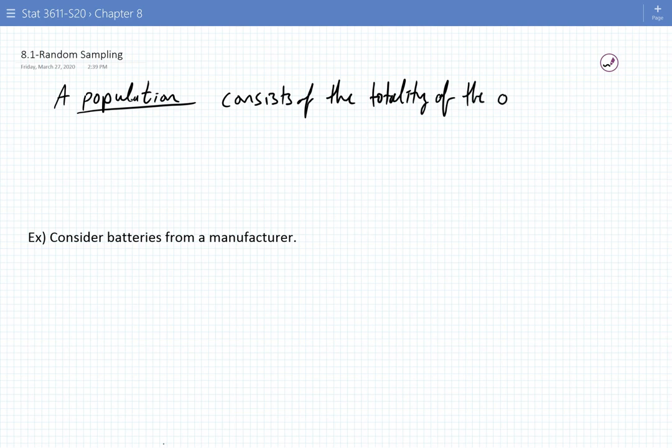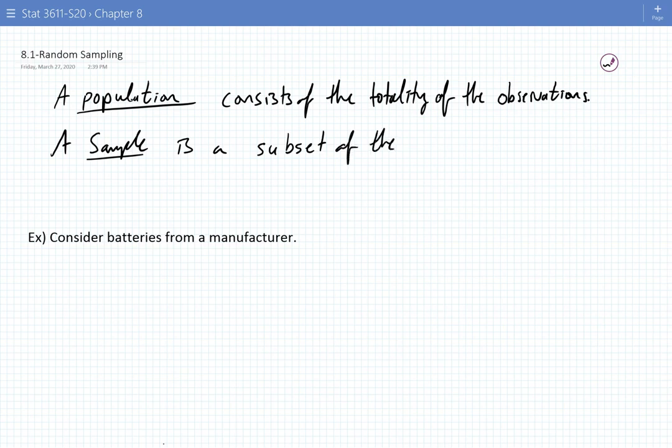And a sample is a subset of the population.